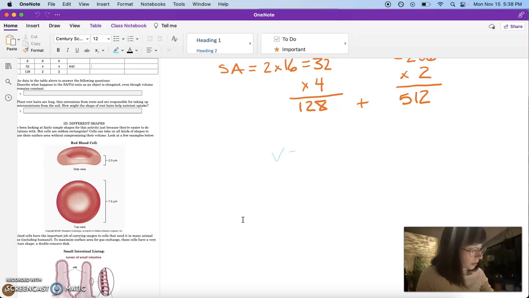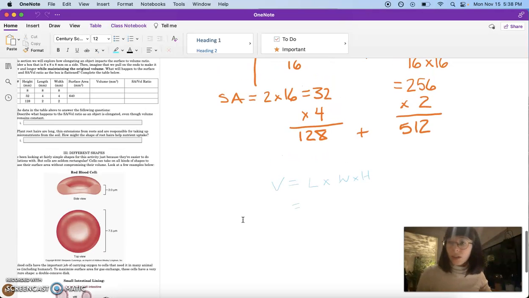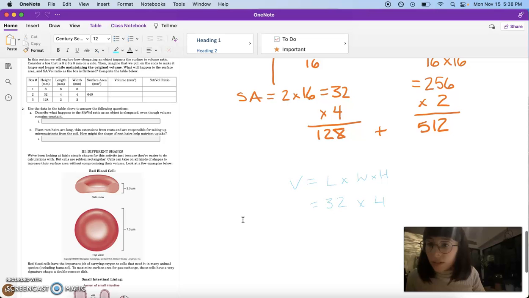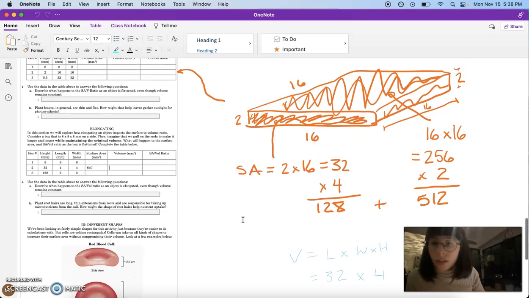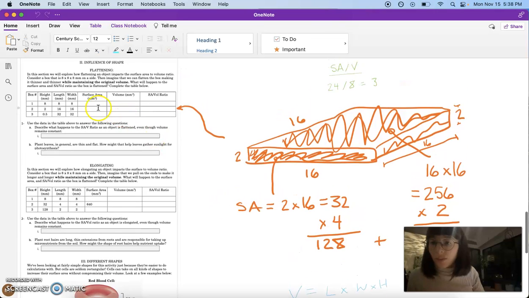It's going to be the length times width times height. This calculation is not too much more complicated than with the cube. So that's 32 times 4. Oh man, what did I do? Oh no, never mind. I'm reading the wrong table. So make sure you put your stuff in the right table.